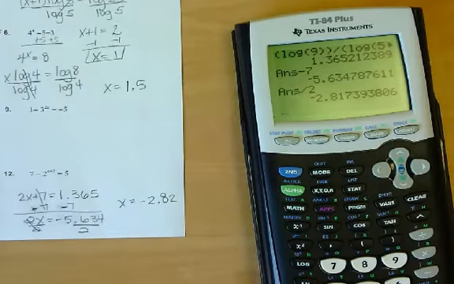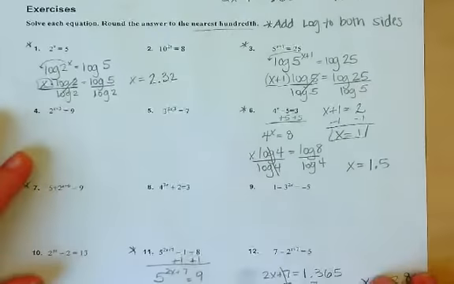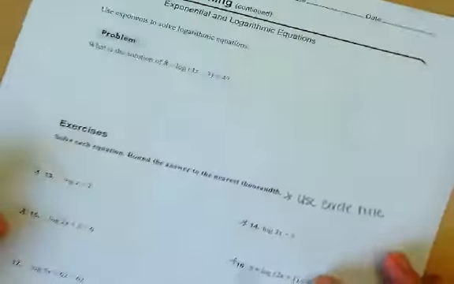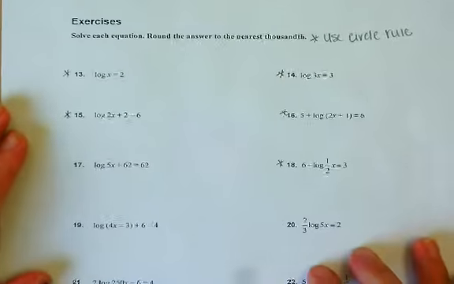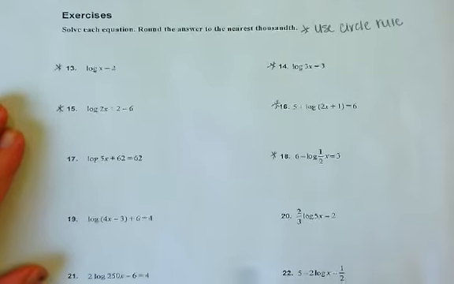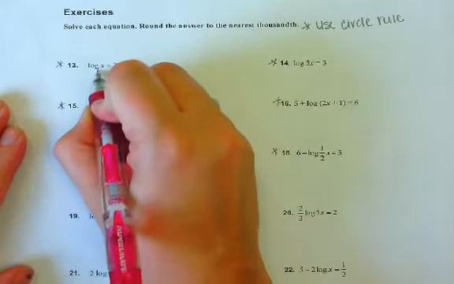So now, that was solving my exponential functions by adding log to both sides. The second type of problem is solving my log equations. Now these are a little bit easier because I can use my circle rule. So notice for problem number 13, I don't have a base written, so it's understood to be a base of 10.